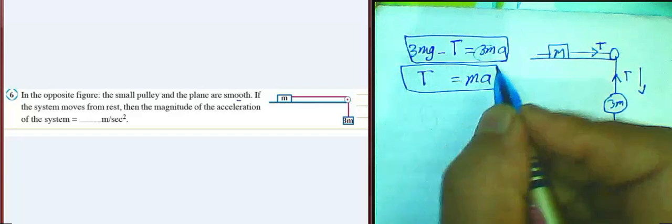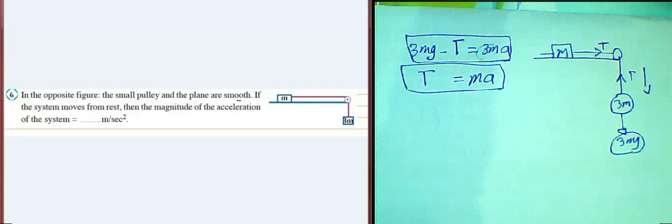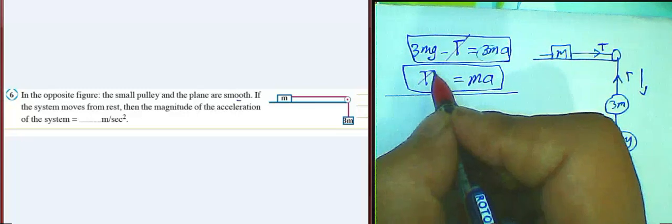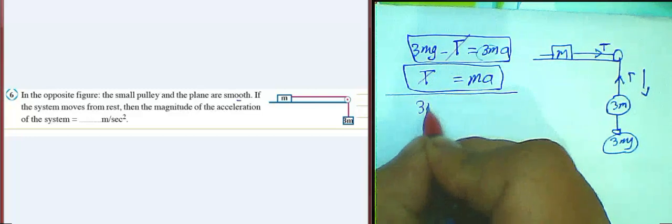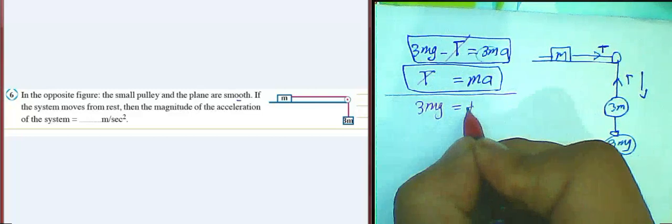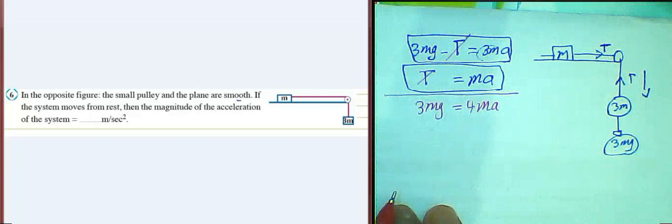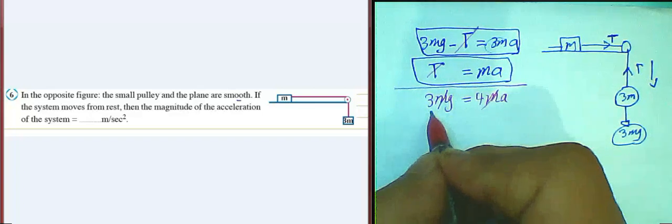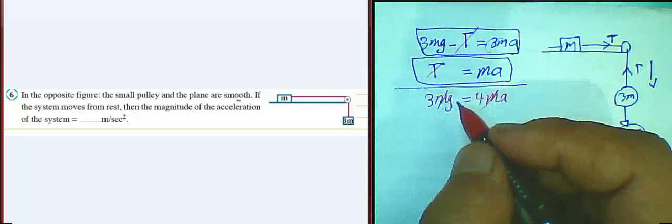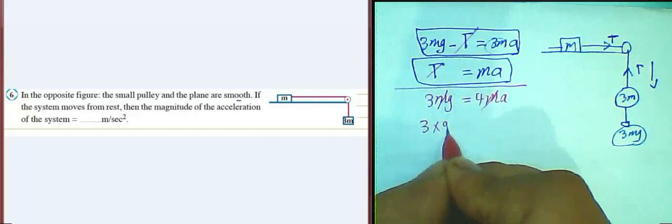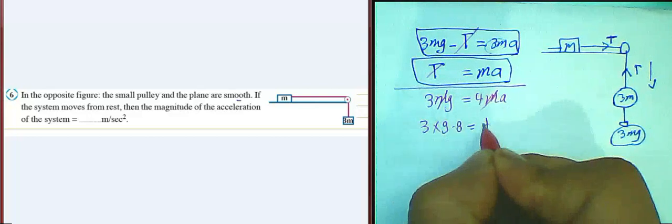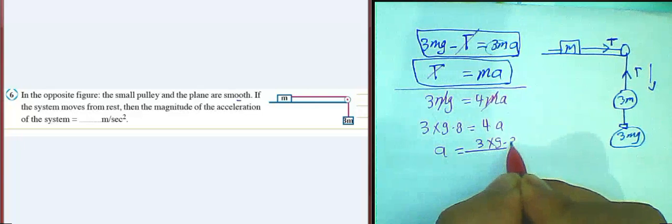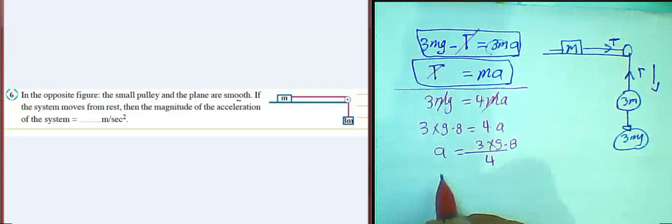We have two equations. We can add relation number 1 and number 2. So T cancels with T here, and 3mg equals 4ma. We can cancel m with m, and then 3 multiplied by g, equal to 9.8, so 3 multiplied by 9.8 equals 4 multiplied by a. The acceleration will be 3 times 9.8 over 4.